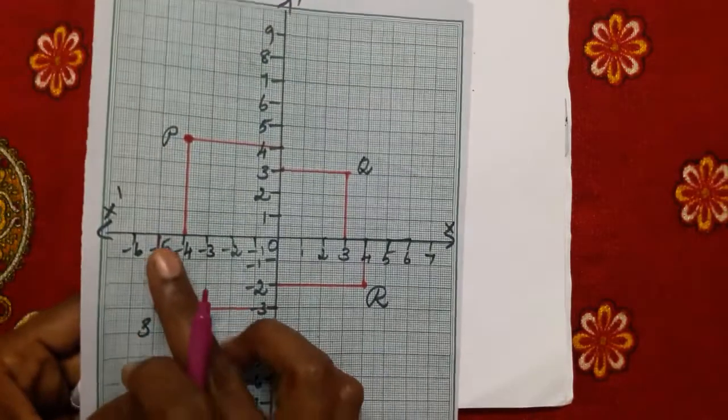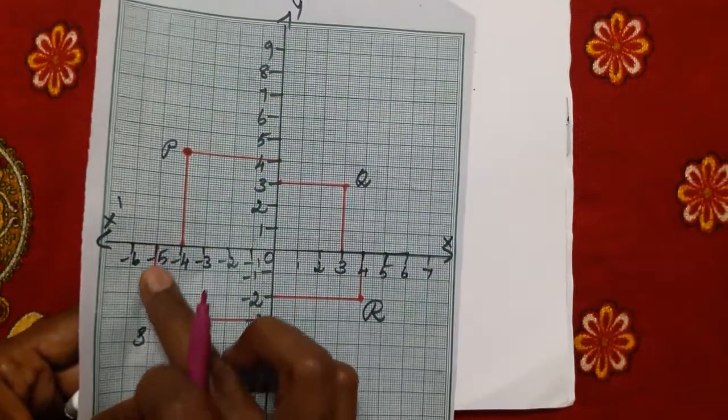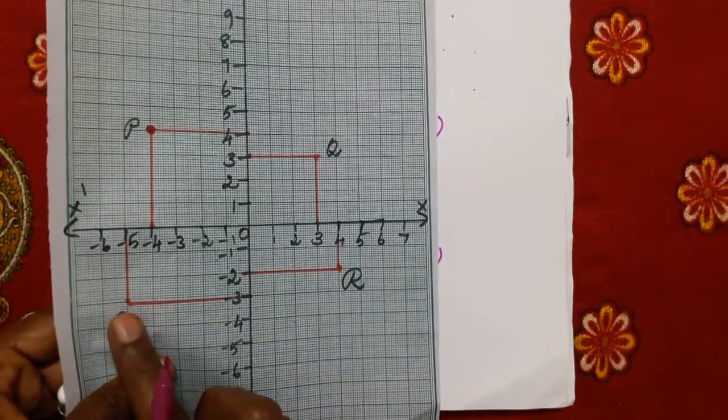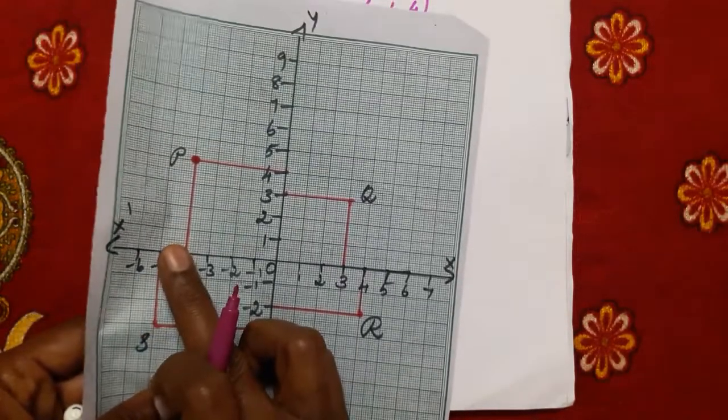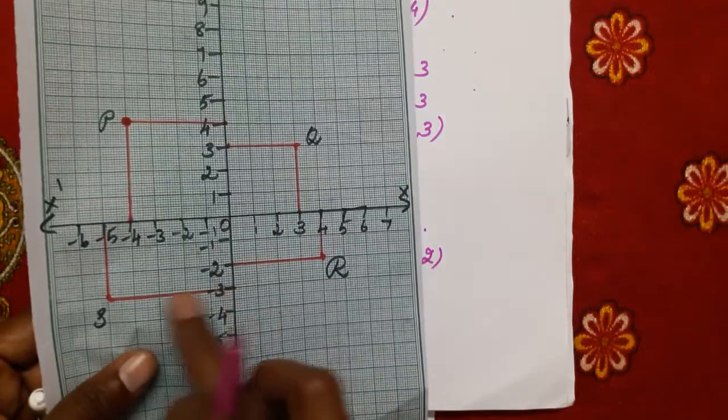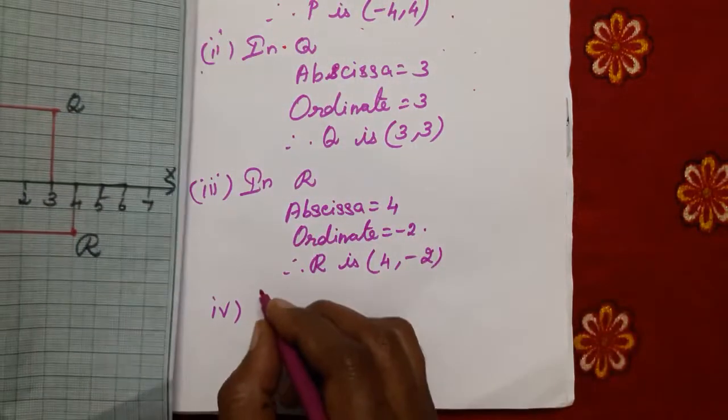Then the fourth question. What's the x coordinate of S? -5. Y coordinate is -3. So abscissa is -5.